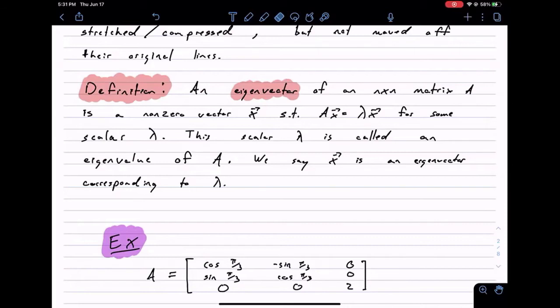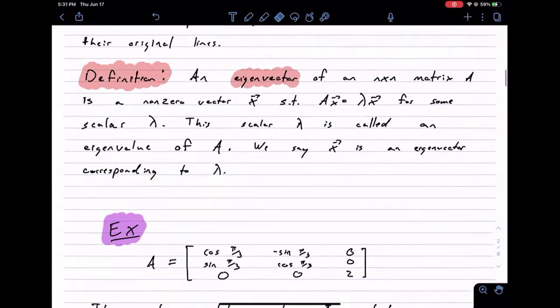In other words, when I multiply x by this matrix, it just gets scaled up or down. It gets multiplied by a scalar. These scalars, these lambdas, we call an eigenvalue for the matrix A. And we say that x is the eigenvector corresponding to the eigenvalue lambda.